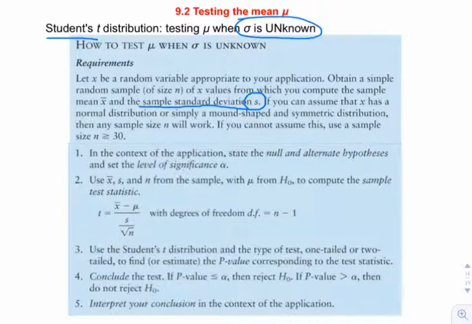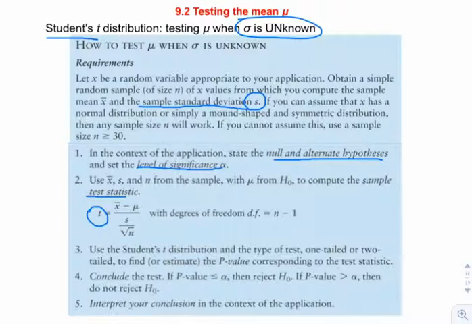So let's look at our procedures now. Our first step is still to find our null and alternate hypotheses and notice our level of significance. The second step is still to find our test statistic, except now we're looking at our t as our variable. So notice the formula is almost exactly the same, except you use s in place of sigma.